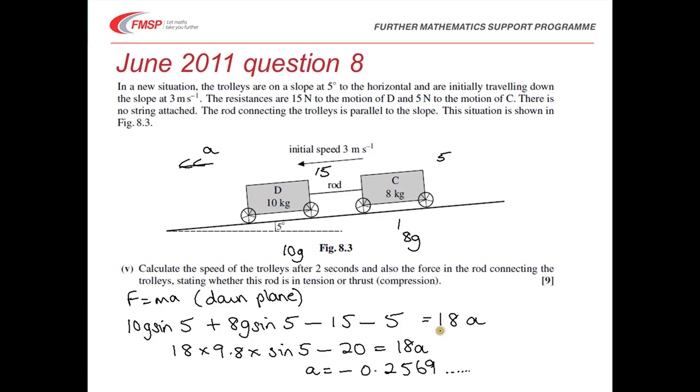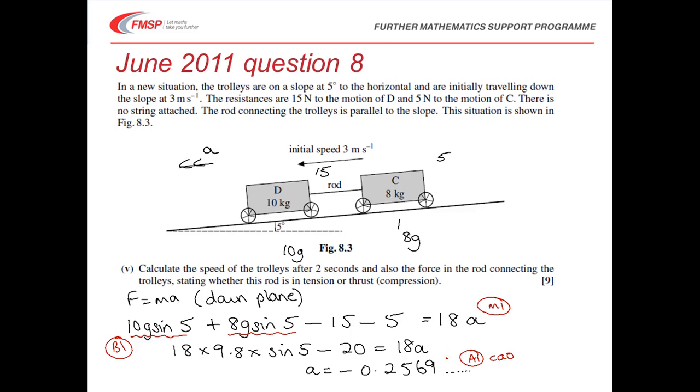And then finally on part 5 we have 9 marks here. So you get an independent mark for showing somewhere that you have resolved a weight correctly, so that would be anywhere within your working out. You get a method mark for F equals ma, and an accuracy mark, which is correct answer only here, for getting that acceleration.